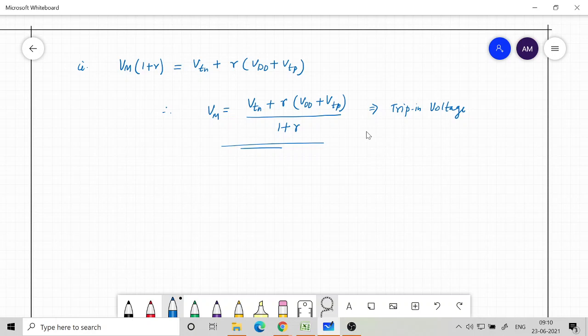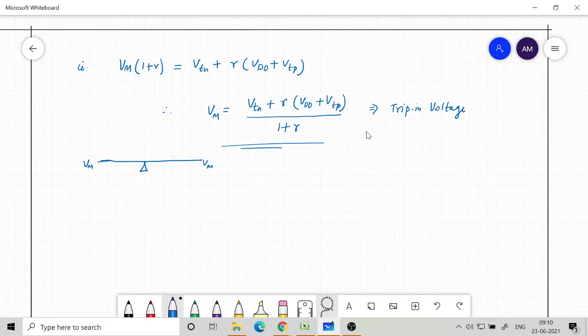The reason is that if input is less than Vm, definitely the output is going to be greater than Vm. It's something like a seesaw. When input and output are equal, that is when input is Vm, the seesaw is in the flat condition like this. Here it is Vm, here it is also Vm.